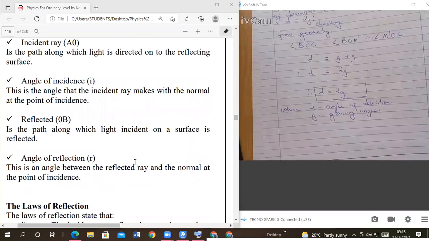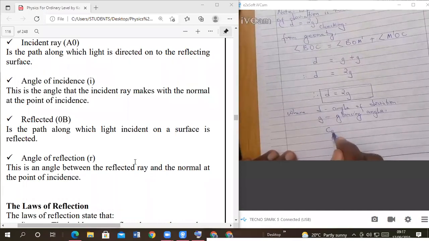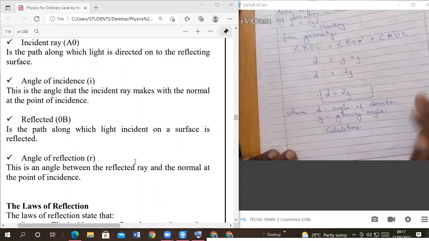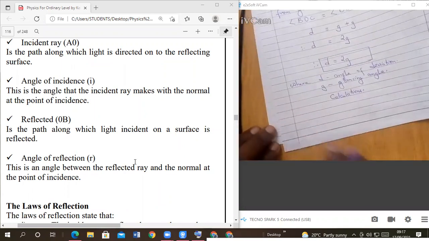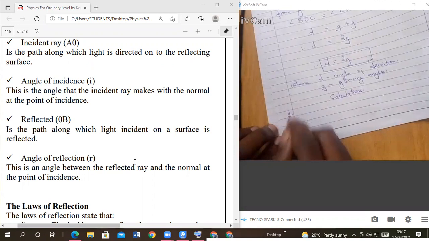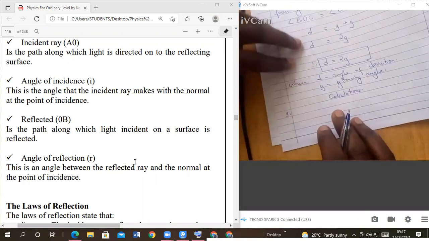Now, before we look at the laws of reflection of light, let's do some calculations on this. Question number 1 is not on the screen, so I'm just going to read it for you.